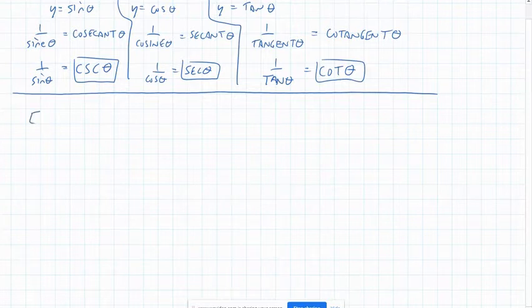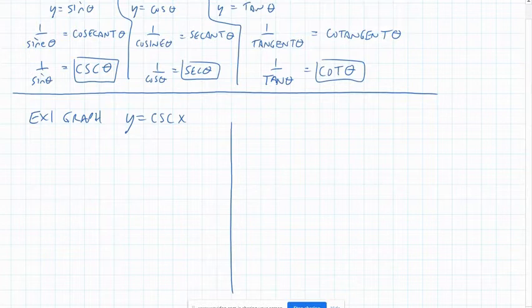So we'll say for this one, we're going to graph y equals cosecant x. And so we know that cosecant is the reciprocal of sine. So I'm just going to start with a normal sine graph.